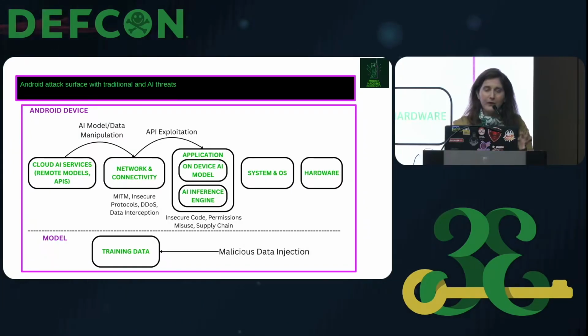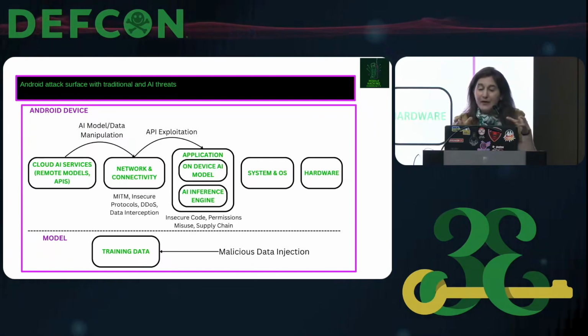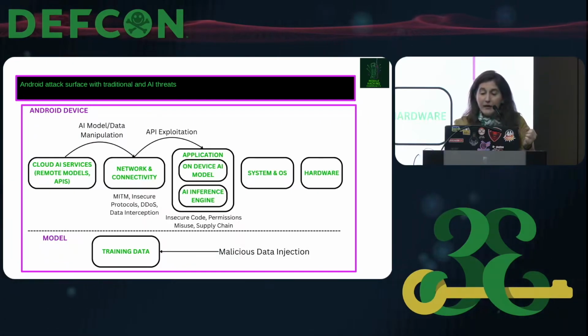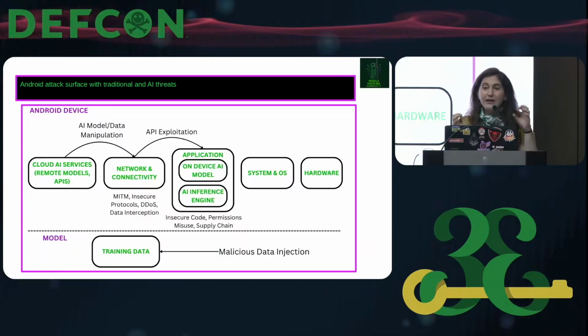So to summarize, we could say that the Android attack surface is like a complex interplay of hardware, operating systems, applications, network, and the entire life cycle of embedded and cloud-connected AI systems. Each of these elements is an opportunity for attackers to exploit.